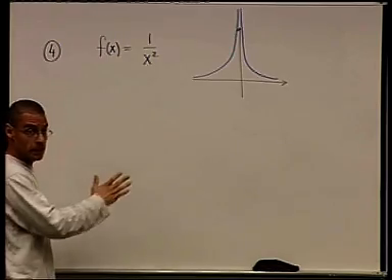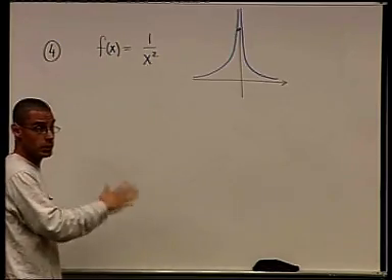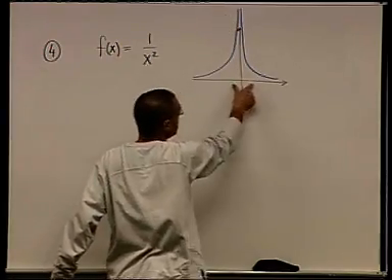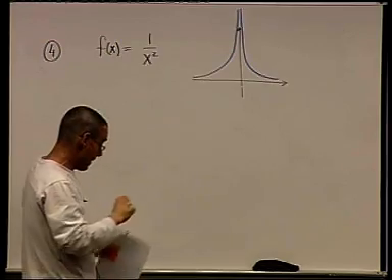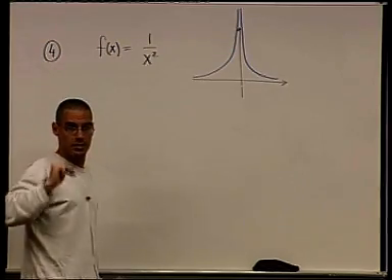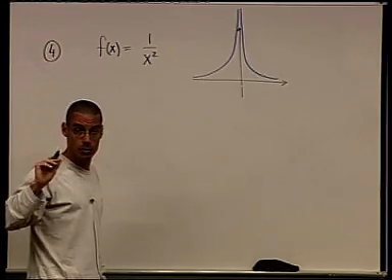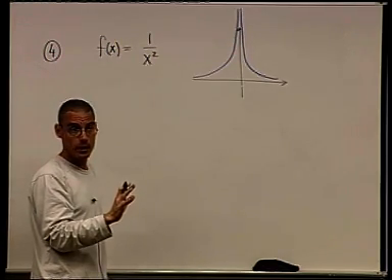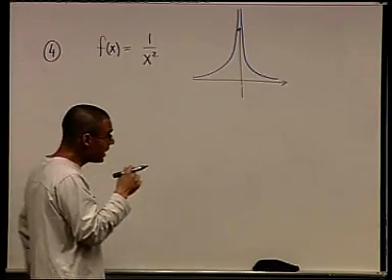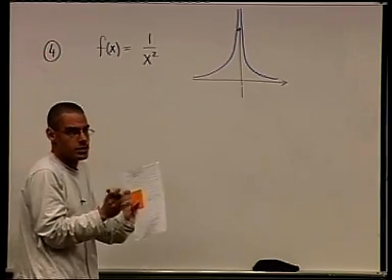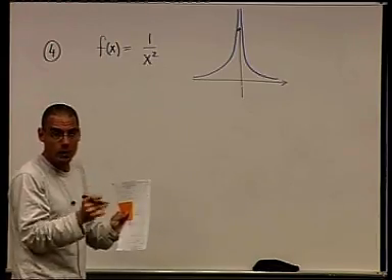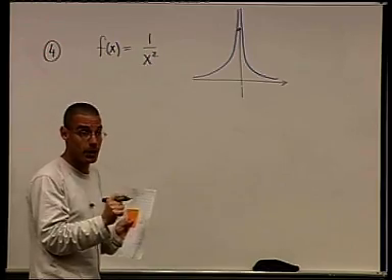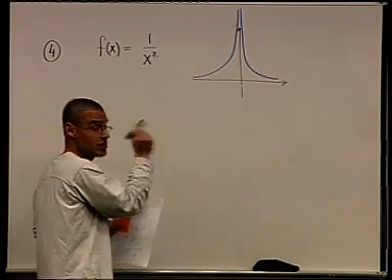This will have a name. A bit later, we're going to define this as saying that f tends to infinity as x approaches 0. But as far as the definition of the limit, which we already wrote down, goes, this function does not have a limit at 0. Okay? So we're going to reserve the words that f has a limit only for finite limits, only when L is an actual number. And in this case, we're going to say that it does not have a limit.